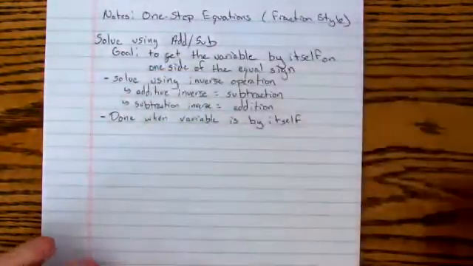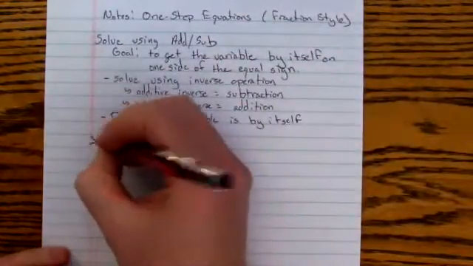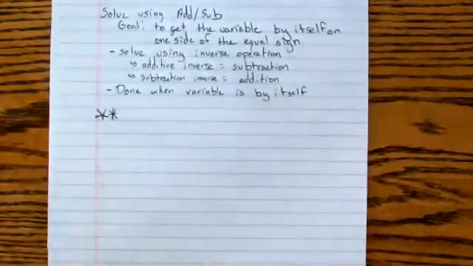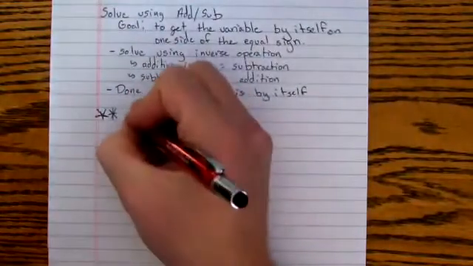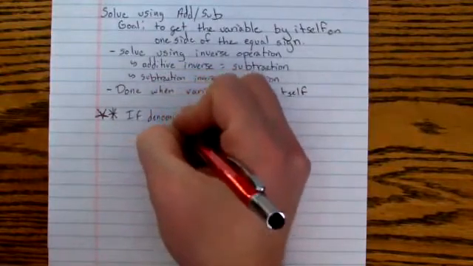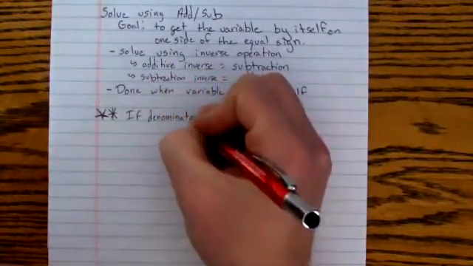Now there's something we're going to add here. So I want you to put a star or an asterisk, something so that you know, hey, this is important. Remember we're working with solving equations fraction style.